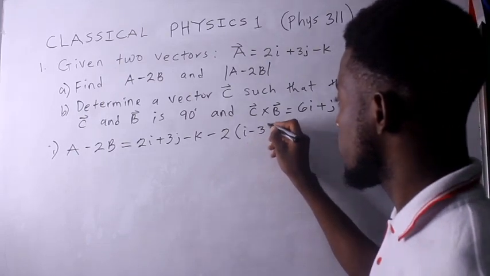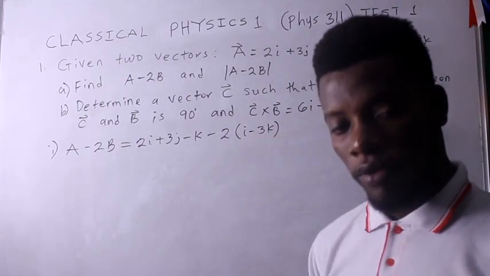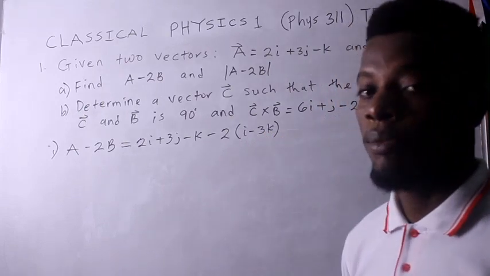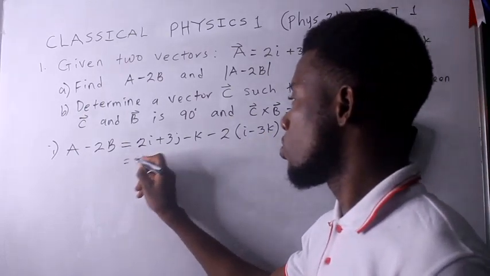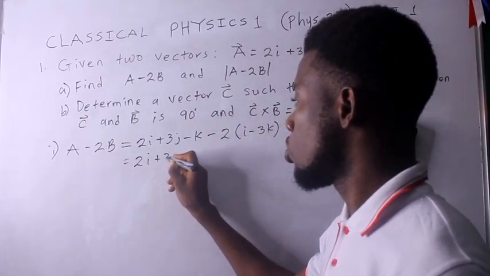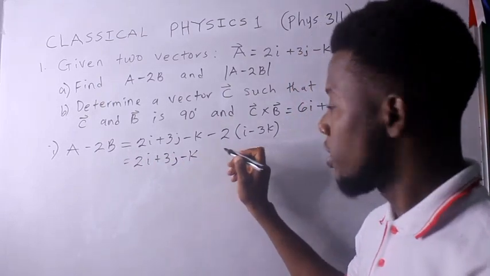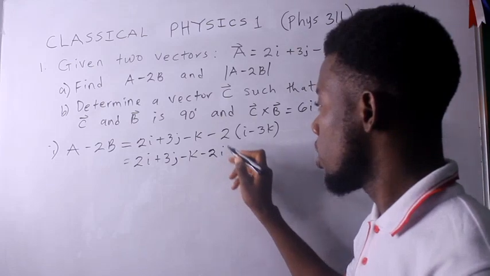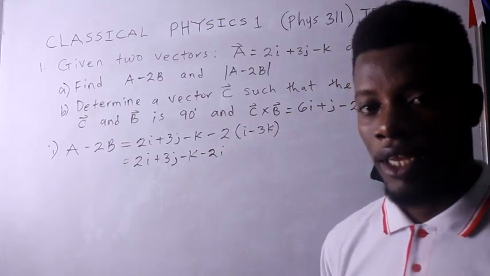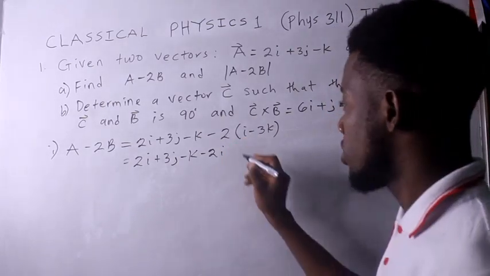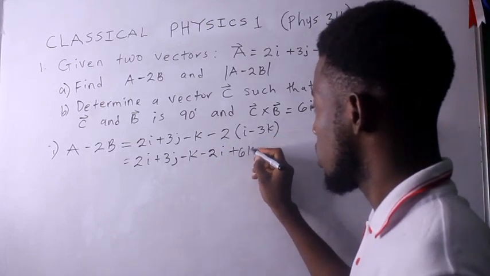Great. So just go right ahead and simplify. So this will be equal to 2r plus 3j minus k. Negative 2 times r is negative 2r. And negative 2 times negative 3k is positive 6k.